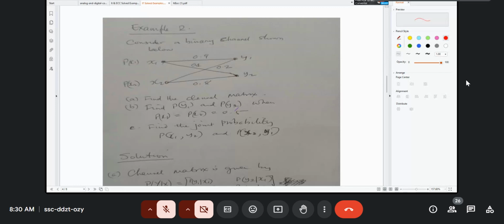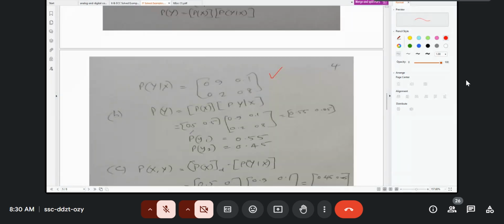The formula is just px multiplied by pyx, which is 0.5 multiplied by this, and you're going to get 0.45 plus 0.10, that's 0.55, and this other one is 0.05 times 0.4, so it's 0.45.